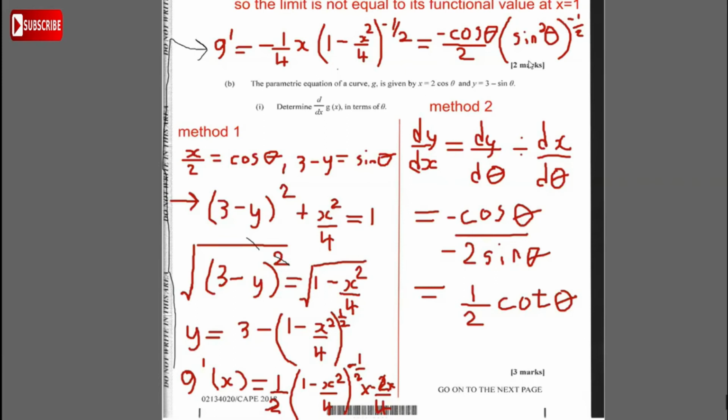That is just sine theta in the denominator. So all of this will work out. So you can finish it off and see it.